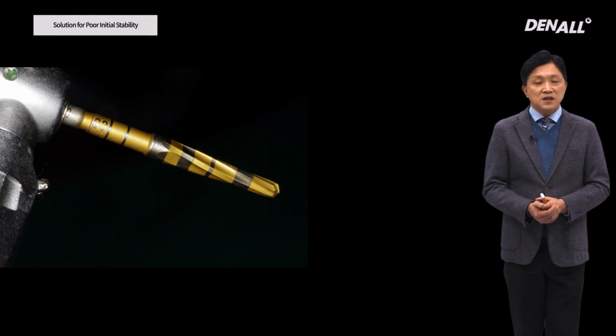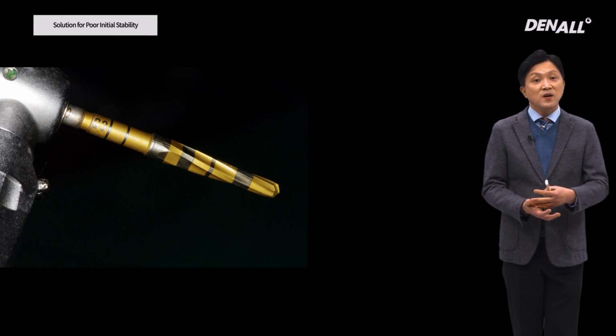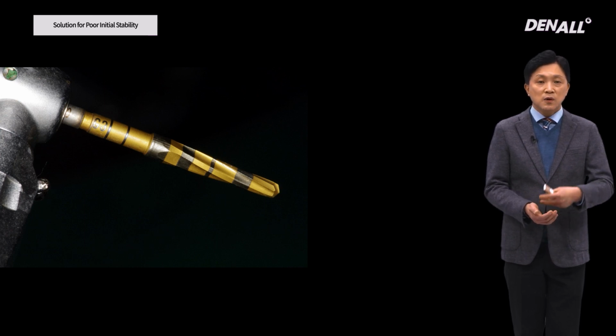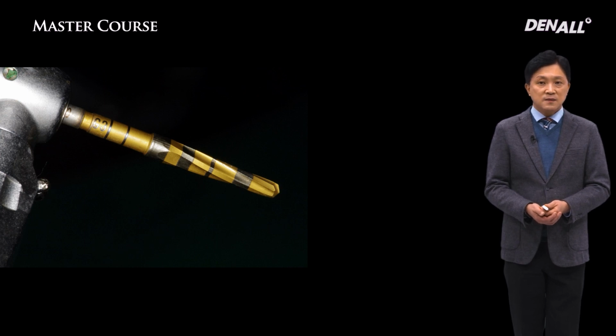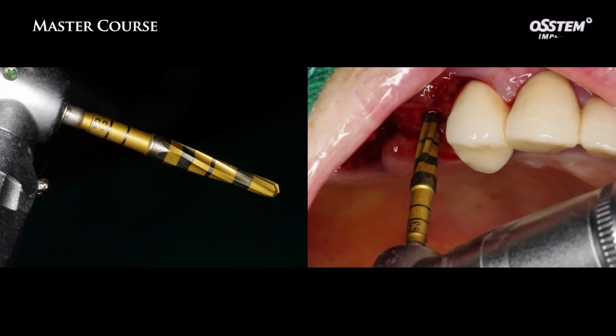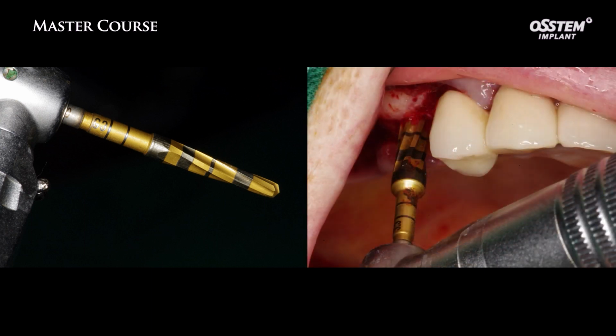You need to use it in the reverse direction. If you turn it in the clockwise direction, the cutting is too much, so you need to use it in the counterclockwise direction for osteodensification. The osteodensification burr can be used for all types of implants.